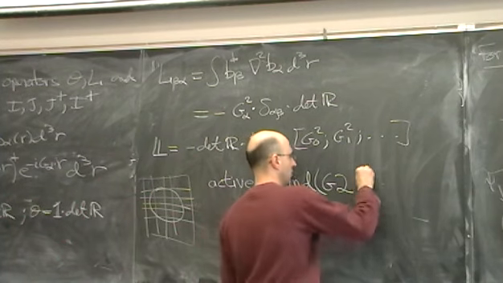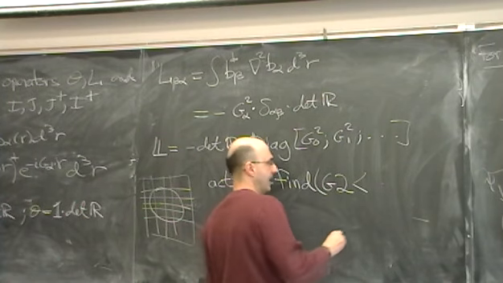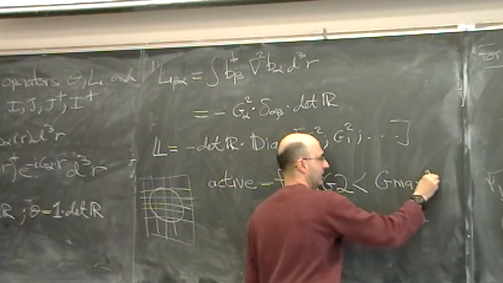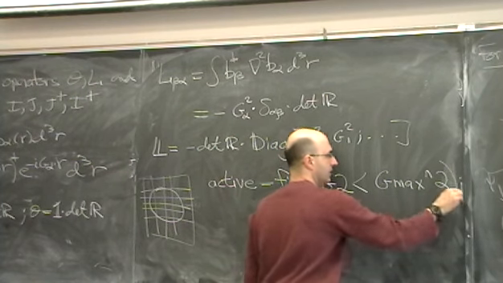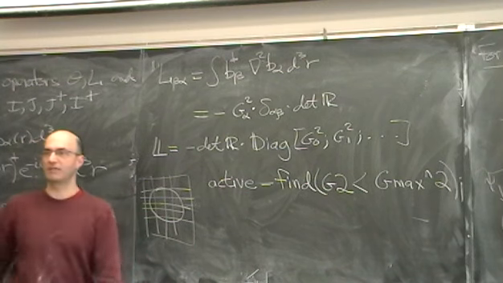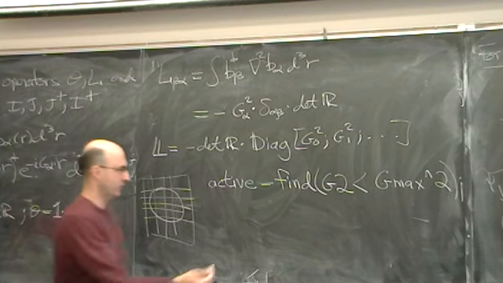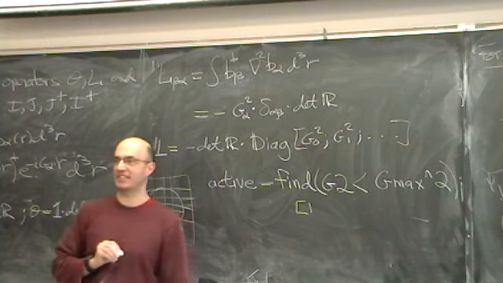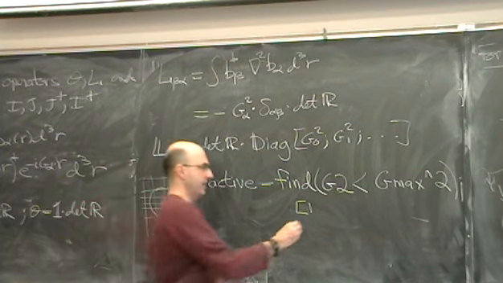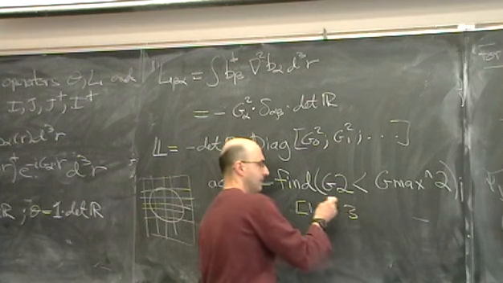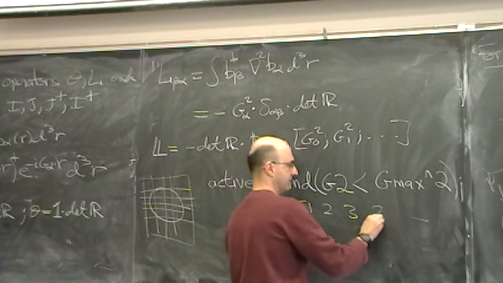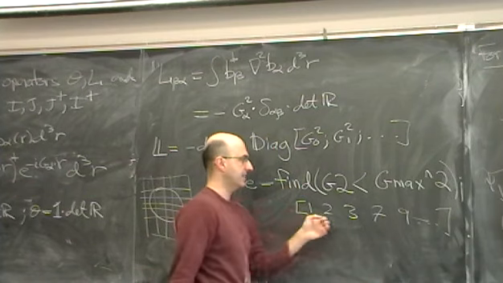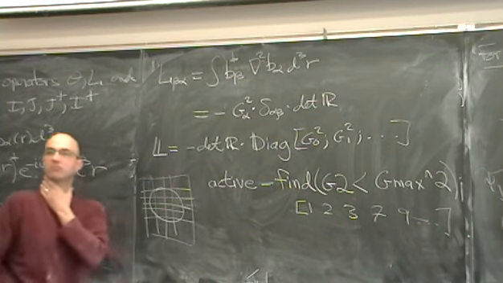Find where those are less than G max squared. And that will just find all of them for you. And that will make a list for you. The list will look something like, well, the first one is definitely going to be in there because that's the 0 vector. And then there'll be, I don't know, 2, 3, but maybe it skips 4, 5, and 6, and then there's 7, and then 9, or whatever. It'll just give you a list of the indices of all of those G vectors.